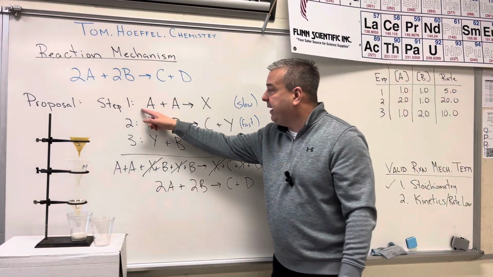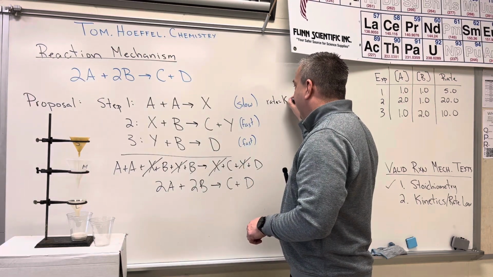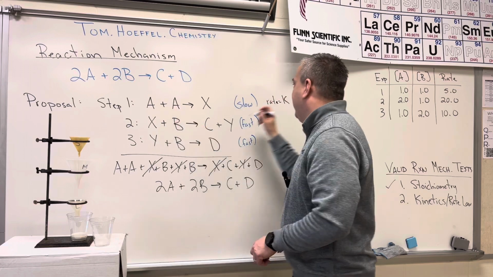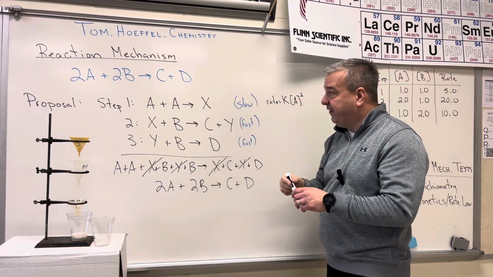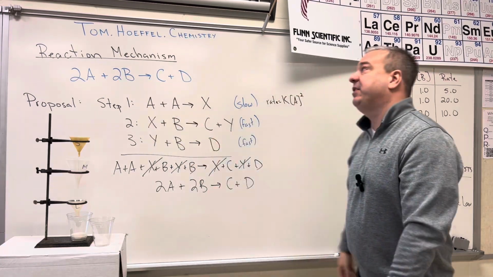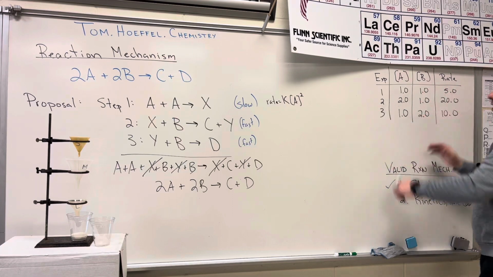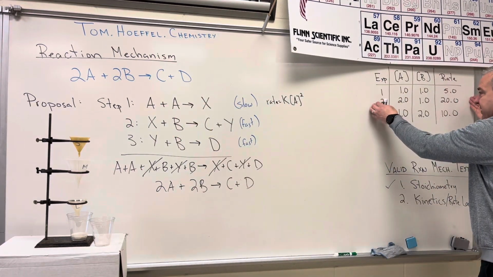Now, this rate right here is simply rate equal to k times A, or simply A squared. Now, does that fit the rate law for the overall chemical reaction? We have to check. Remember, to get the rate law for an overall reaction, you have to use experimental data.